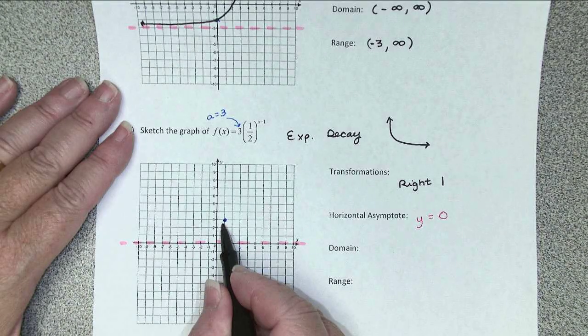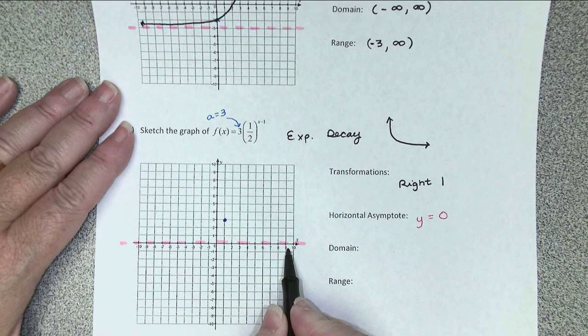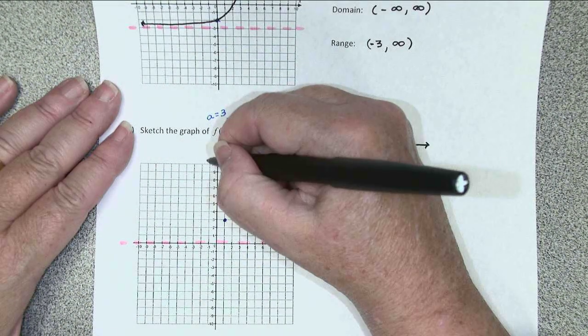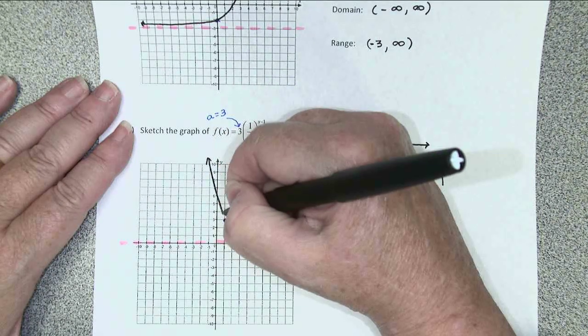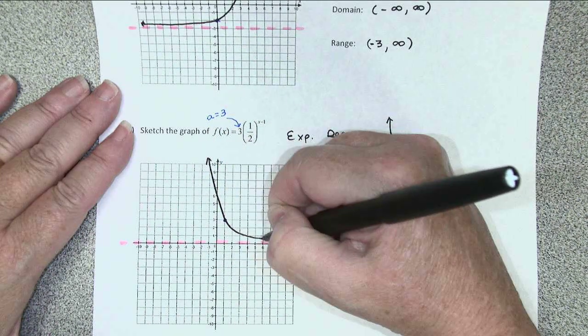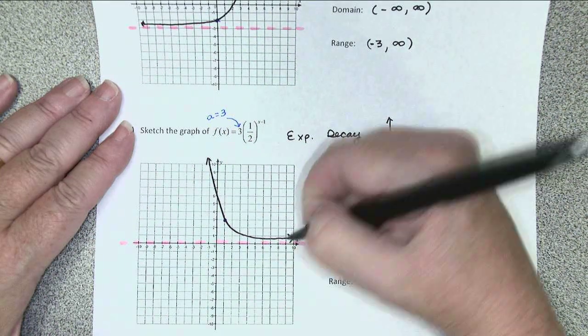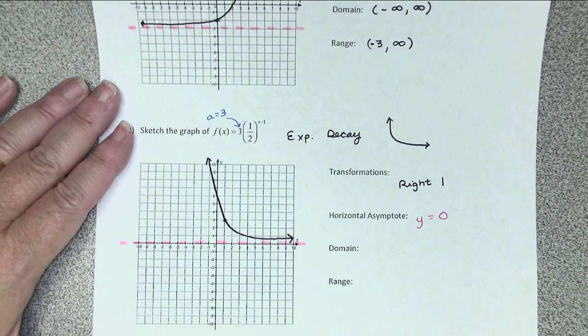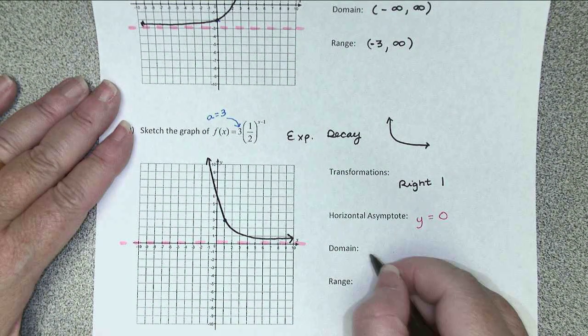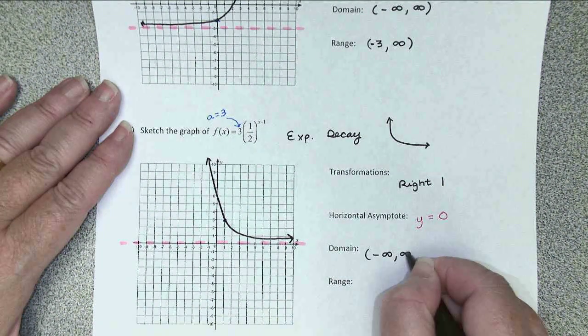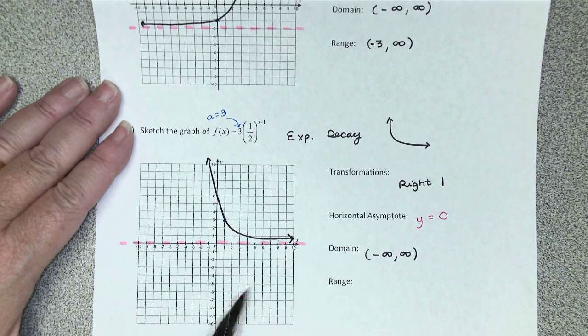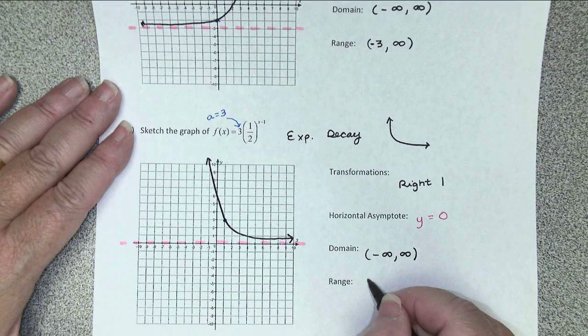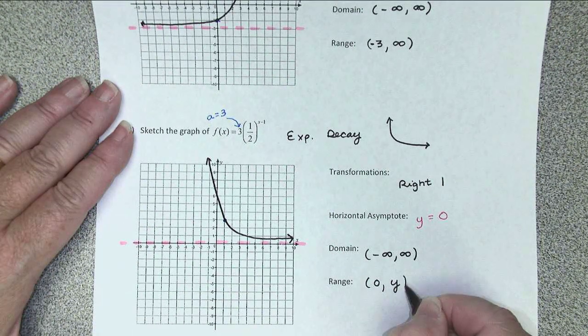I know I need to go through that point, and I need to approach that horizontal asymptote. And there we go. Domain remains at negative infinity to infinity. And the range on this one, all the y's are bigger than 0. So from 0 to infinity.